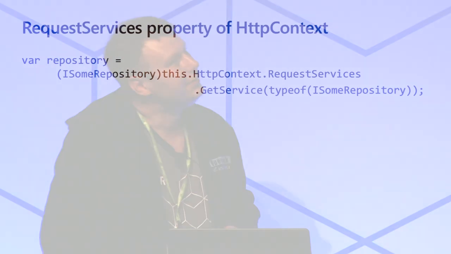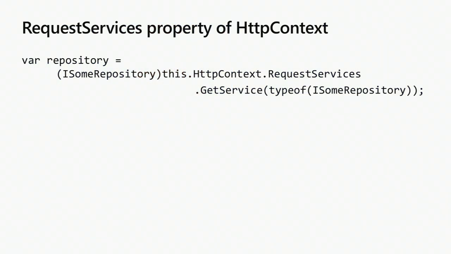So how to get service? We can get service from HTTP context. Of course, it's not a recommended way. I just provided it just for your information. And it's possible to use get service or get required service.